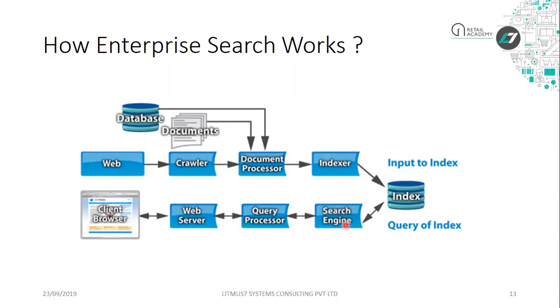In the case of Solr, each engine can take care of the indexing operation also. So it won't be a single engine or a single index. The index will be shared across multiple boxes or multiple engines, and it can be replicated.